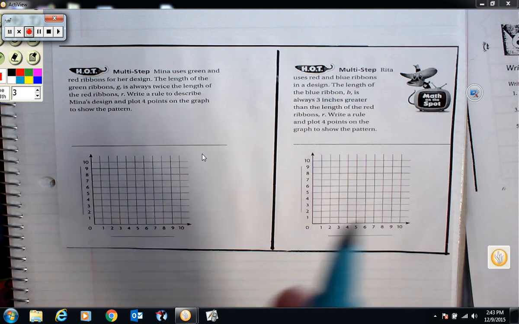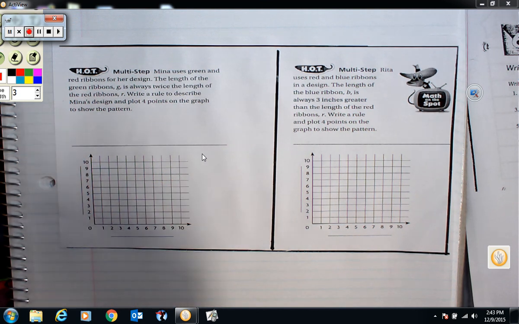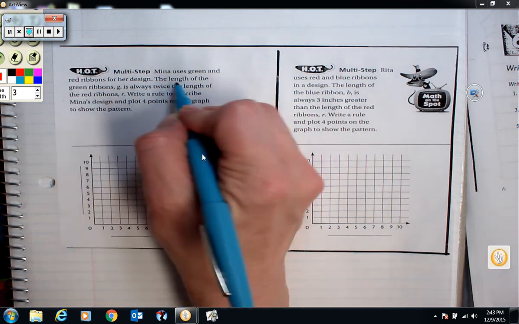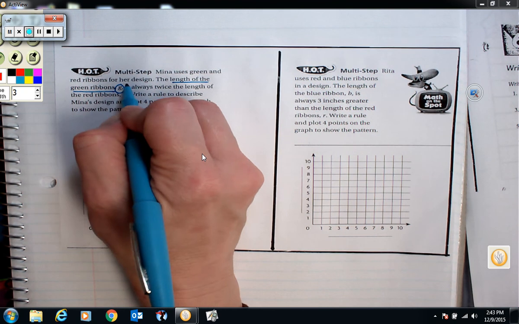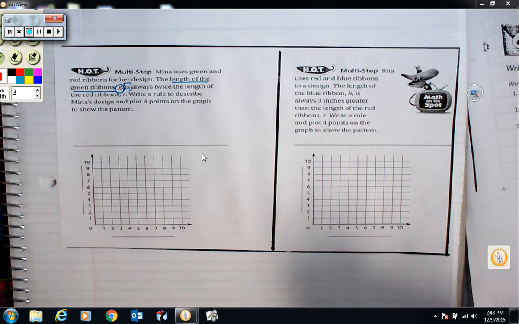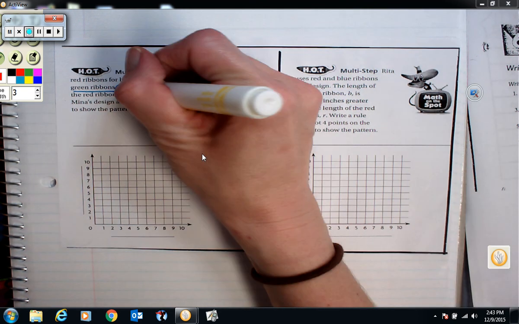So let's go back and look at the words inside the problem that help us outline an expression or an equation. So I see the length of green ribbons G, and then I see this word is. The word is always denotes an equals sign.